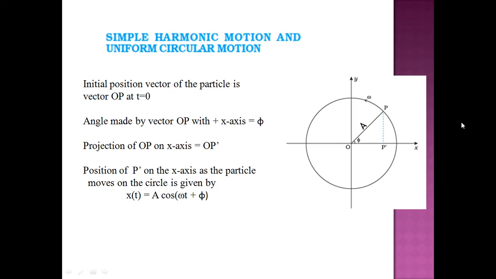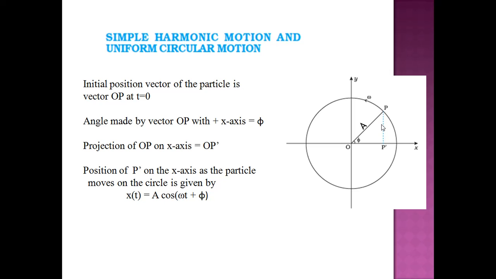If you look at the diagram, you can see a circle and a particle P which is moving in the anti-clockwise direction. Its angular velocity is omega and the radius of the circle is a. When the particle is at P, the starting point, it makes an angle phi with the positive x-axis.